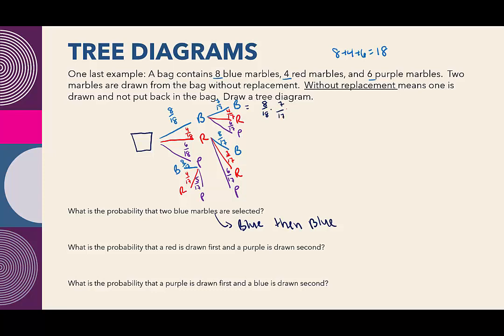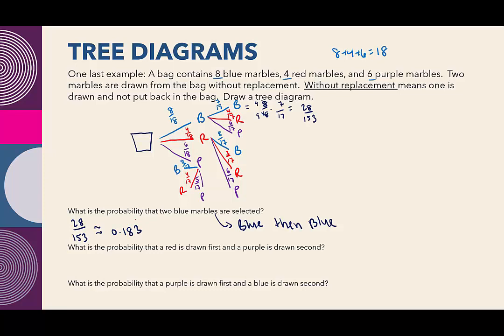Now I might simplify before I multiply. 8 and 18 have a common factor of 2, so we would simplify to 4/9. Now we have 28 over 153. You could leave it as a fraction. Maybe we write it as a decimal because it might be easier to interpret. 28 divided by 153 is 0.183. So it's just shy of a 20% chance that both marbles would be blue.